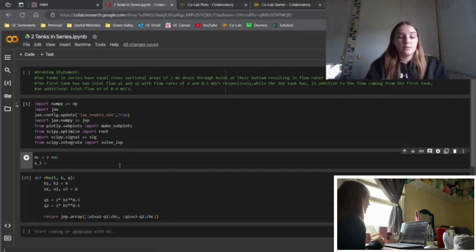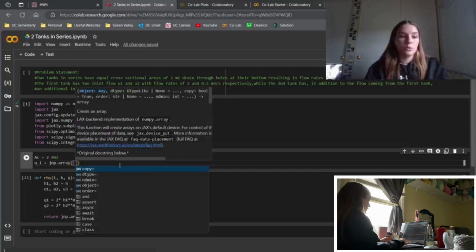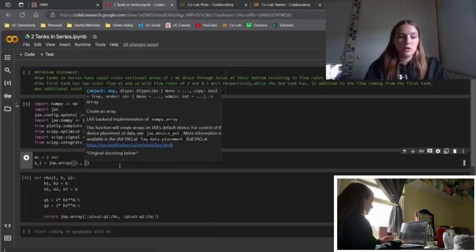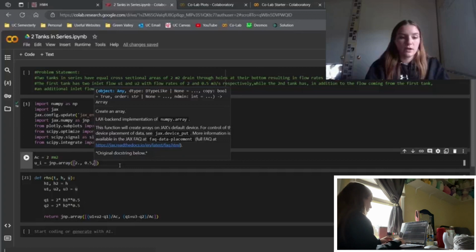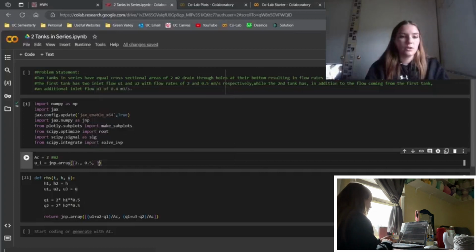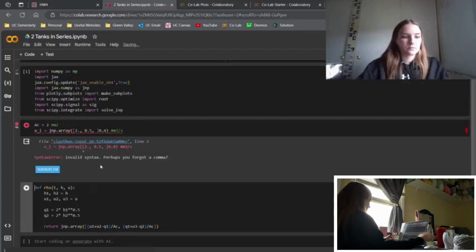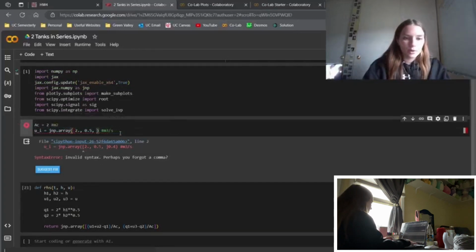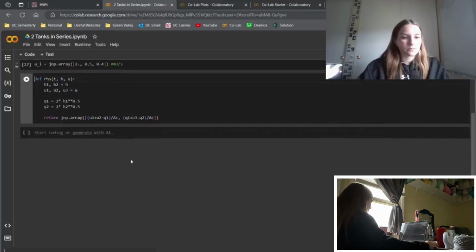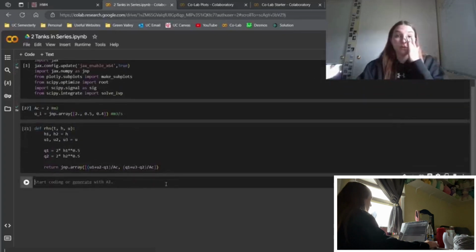So our U is going to be equal to an array of our U1, which is equal to 2, our U2, which is 0.5, and then our U3, which is 0.4. And these are in the units of meters cubed per second. I put our U3 outside of the brackets. There we go.